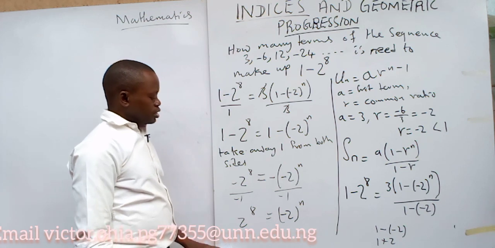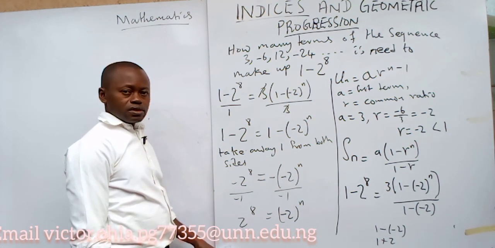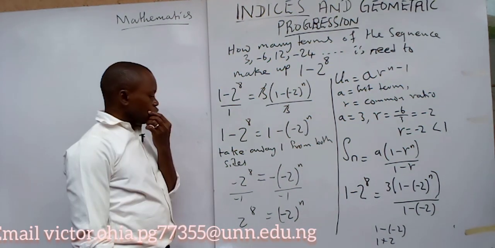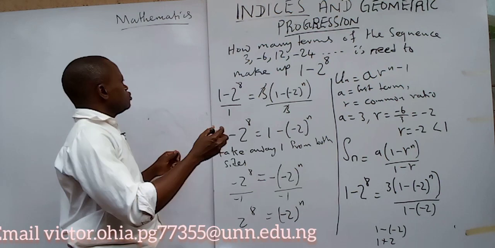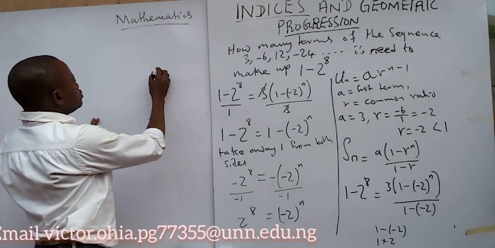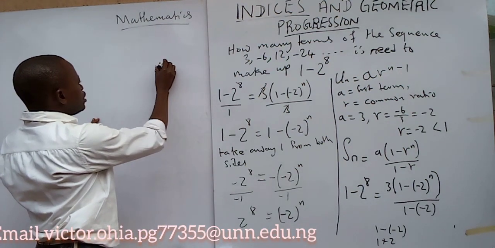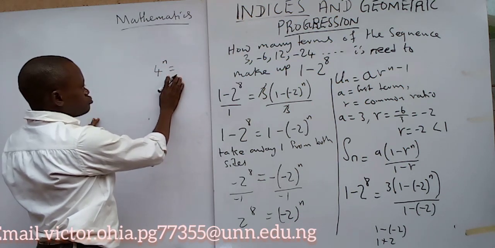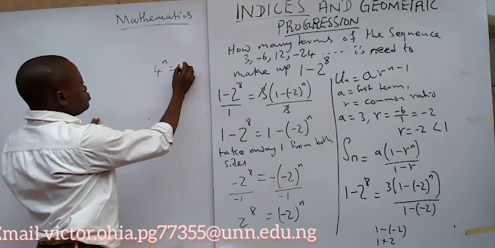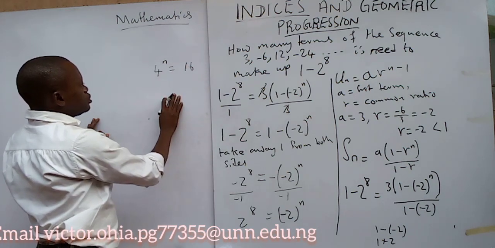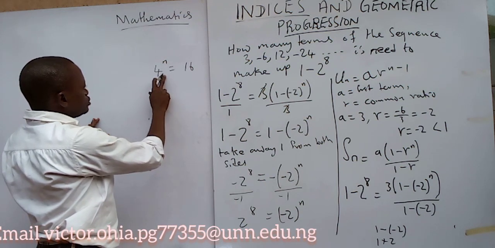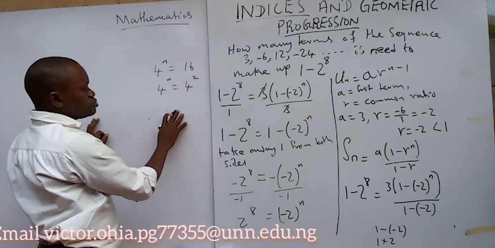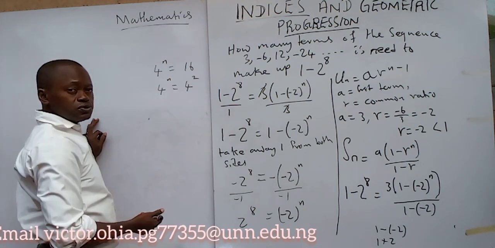So at this point, indices comes in. Indices comes in because if you have something like 4 raised to power n equals 16, the simple thing I have to do now is to write 4 raised to power n equals 4 raised to power 2, and since the bases are equal, it then means n is 2.